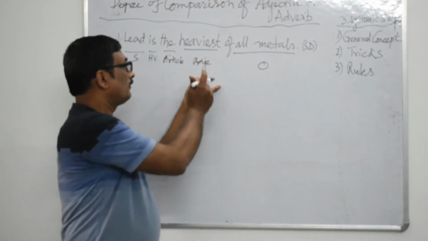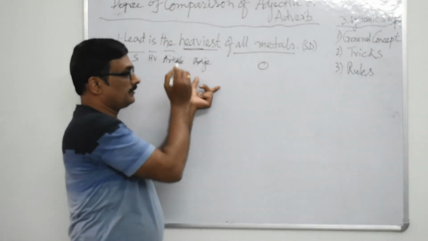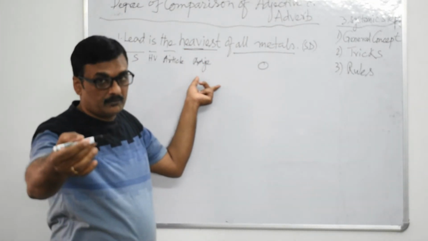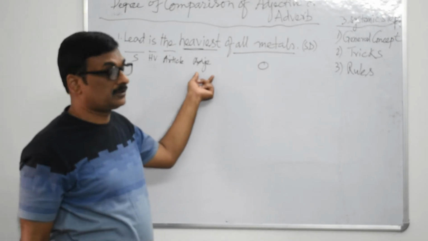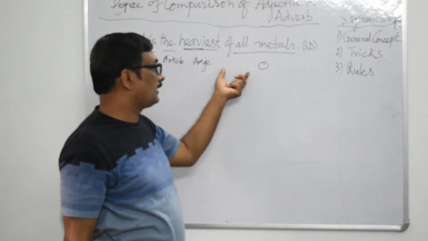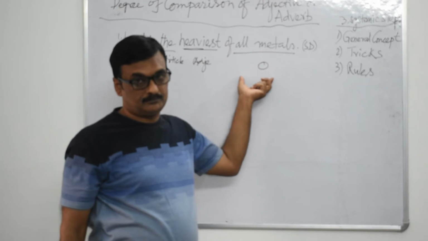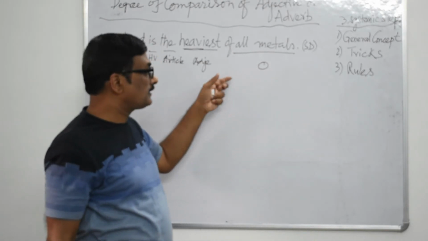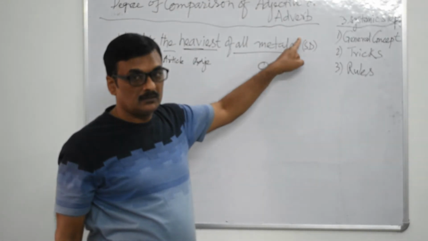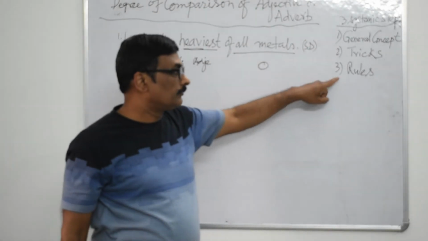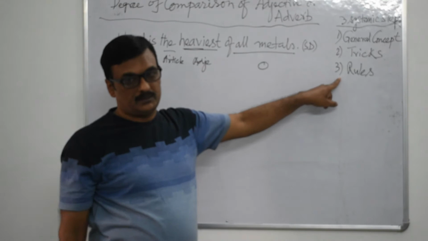Heavy is the adjective here, and the superlative form of the adjective is heaviest. After that the object is used. Okay? So from the construction of the superlative degree, we got the rules of the superlative degree.